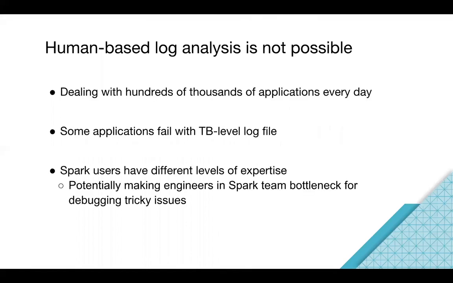But in Uber, we are actually dealing with hundreds of thousands of applications every day. And some Spark applications just failed with terabytes of logs. And Spark users usually have different levels of understanding of Spark internals. Then it potentially makes the engineers in the Spark team the bottleneck for debugging those very tricky issues.